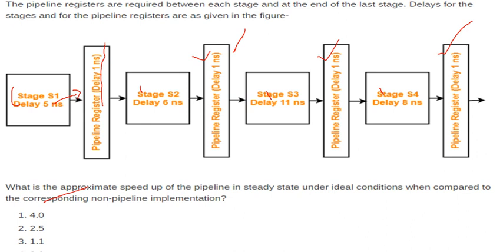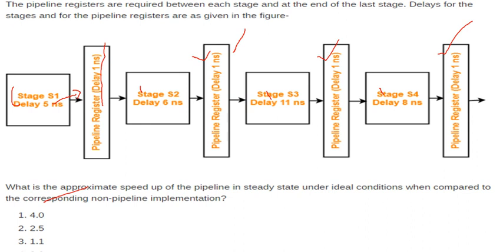In this particular case we are having 4 stages, but if we don't use pipeline, so in a non-pipeline CPU, the CPU is treated as a whole unit. So we have to compare what will be the speed up if we use this type of organization and if we don't use this type of organization, then by implementing the CPU in such a design, how much speed up we gain. So this is the numerical.